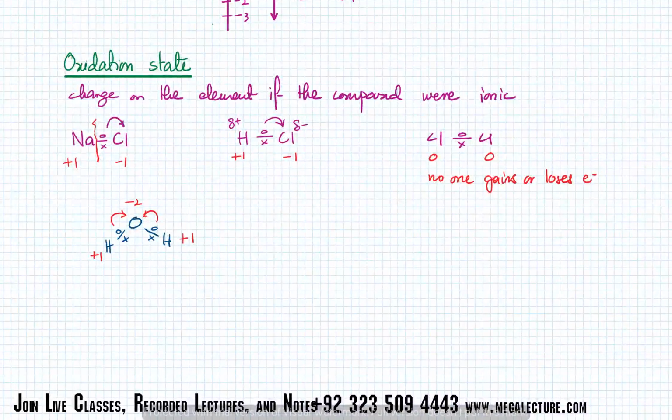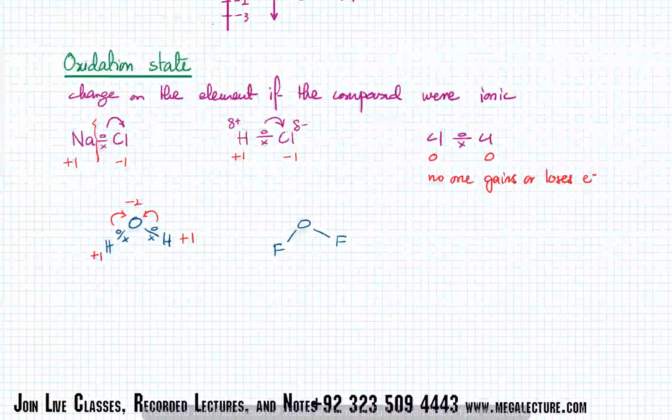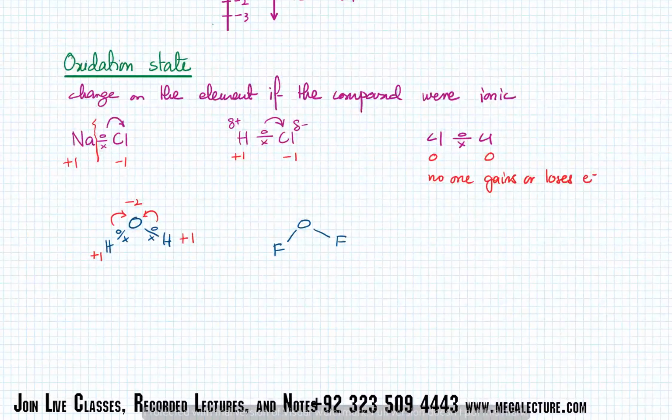If I have oxygen with fluorine, where would the electrons be closer to? The fluorine. Fluorine is the most electronegative element, right? So in this case, oxygen is going to be +2, and fluorine is the one that's gaining electrons, so that's -1.